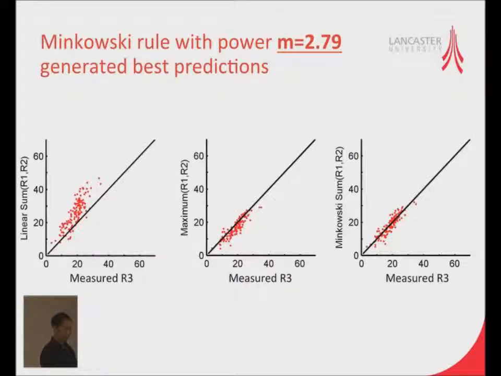And you find that, yes, you can, okay? With a Minkowski power of M equals 2.79. So I ran the same type of analysis, and I found that linear summation tends to overestimate, the maximum rule tends to underestimate, but if you use a Minkowski summation with M equals 2.79, it generates the best predictions.